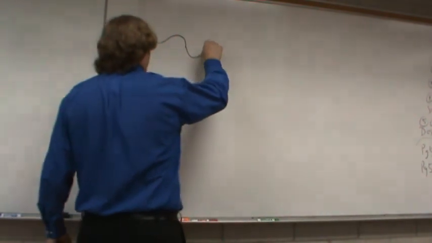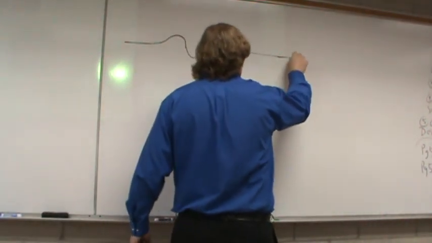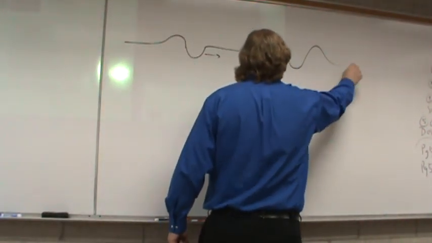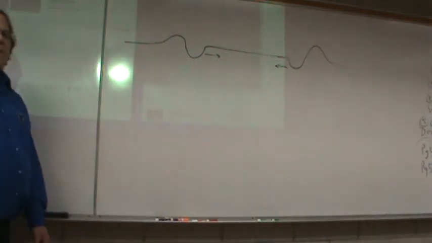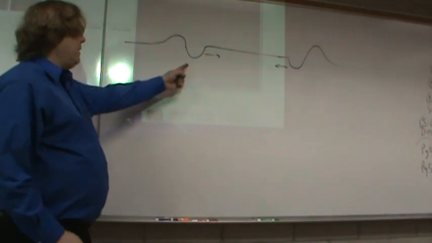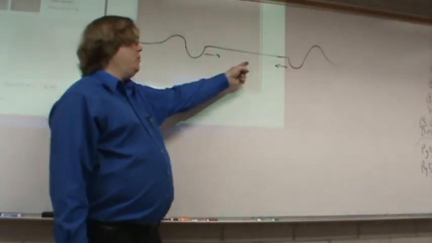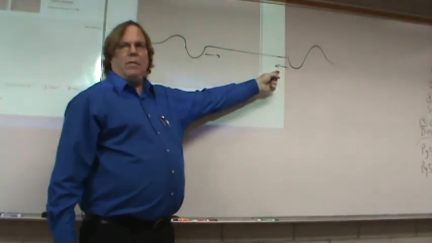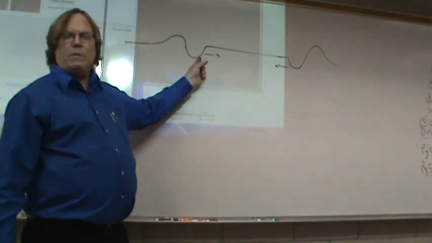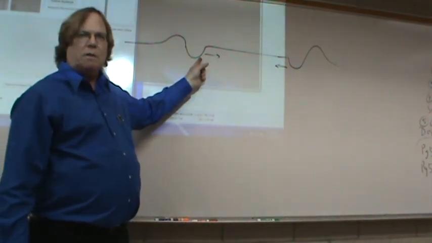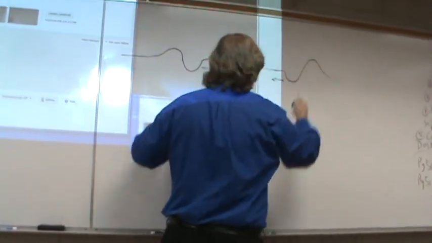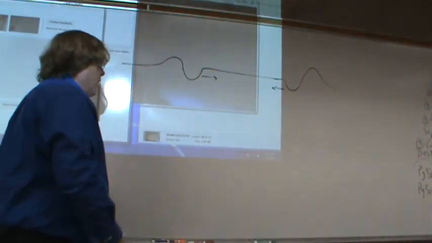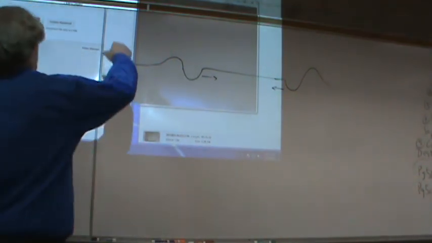So my student is giving a pulse like this, and I'm doing the same. So my pulse and his pulse are going to get together. They're going to combine. And I want you to see what happens when the leading edges of the pulse overlap each other. And then a moment later, these two guys are going to overlap. I just want you to see what happens when they combine.